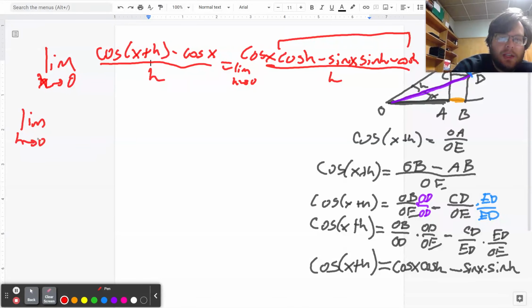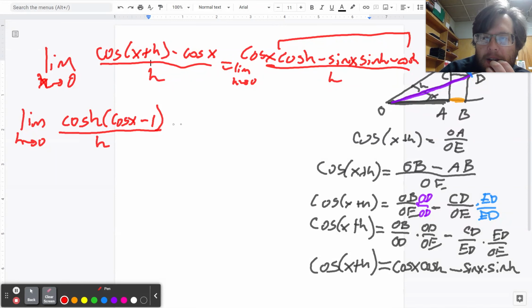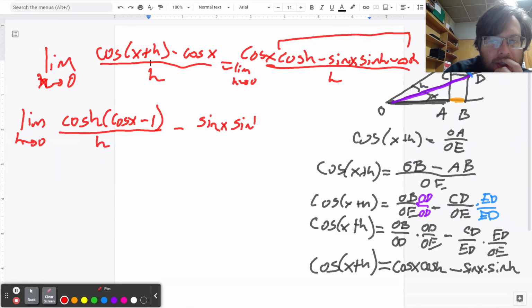The limit as h approaches 0 of cosine h times cosine x minus 1, all over h. And then, what's the other piece? Sine of x, sine of h, and it has a negative on it.